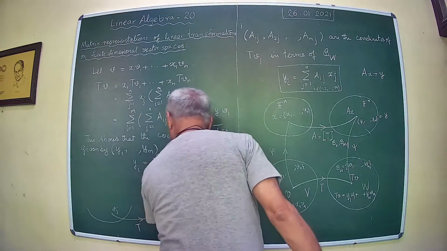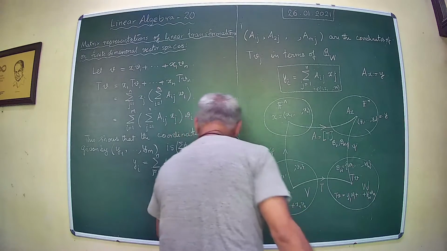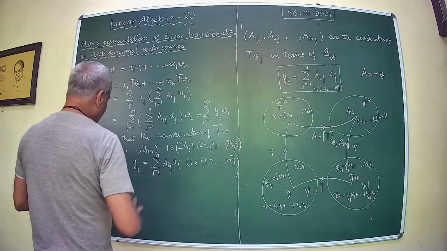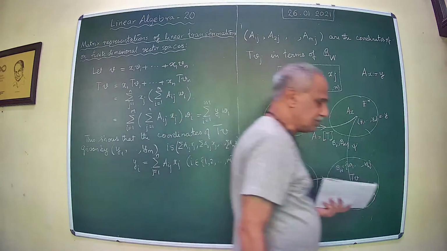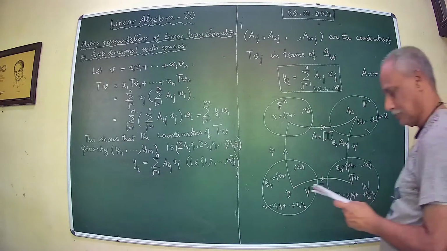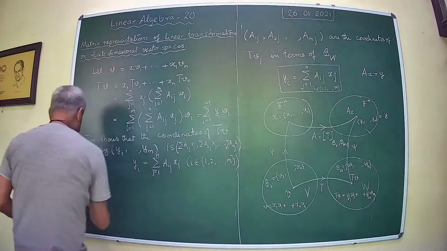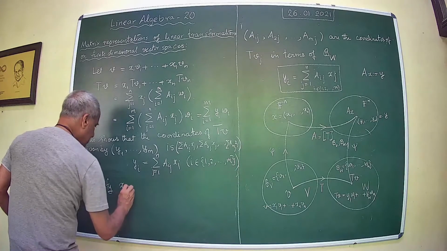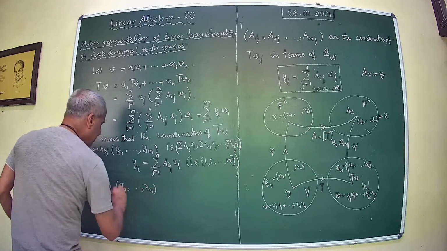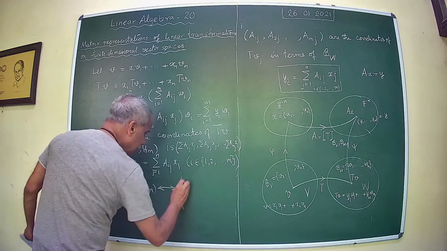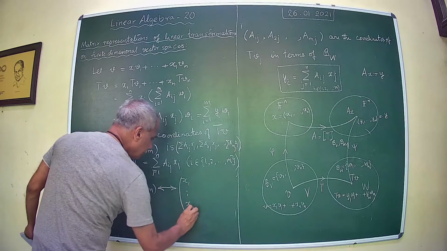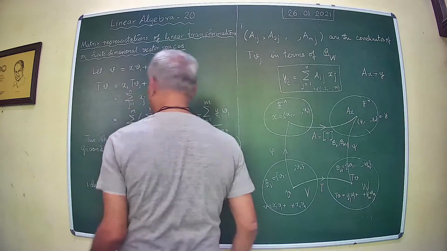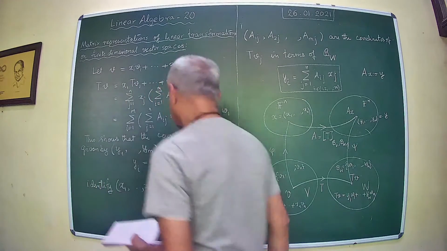Now let me take over this. So we write now the vectors x1, x2, etc., xn as a column vector. So identify this, which is in Fn row.